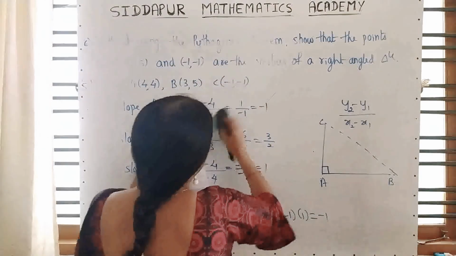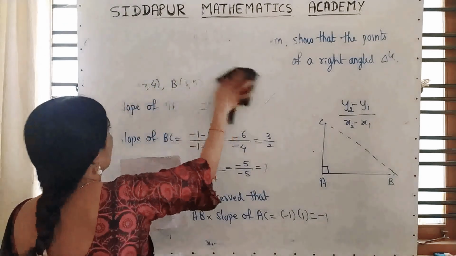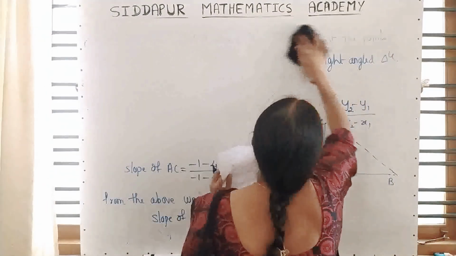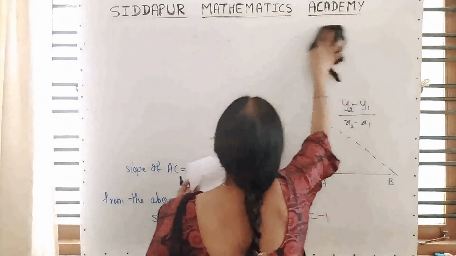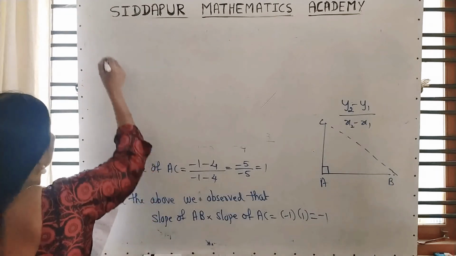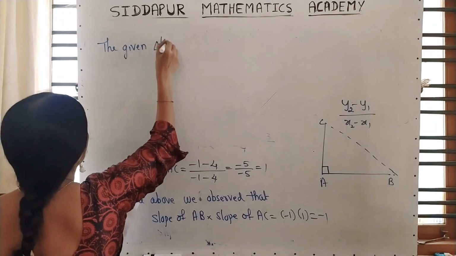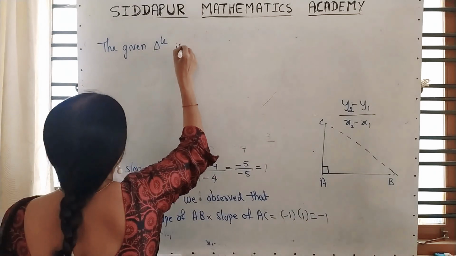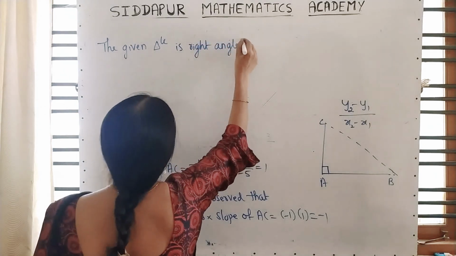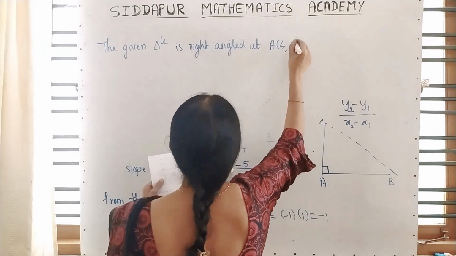Understood? Because if the product of the slopes is -1, then the lines are perpendicular. If the lines are perpendicular, it is a right angled triangle. The given triangle is right angled at A. I marked it in the figure.